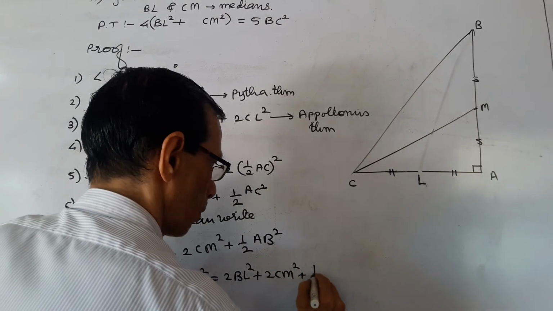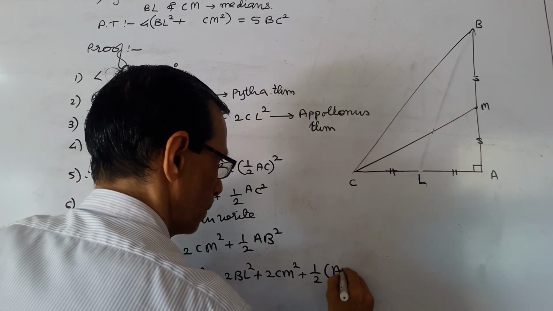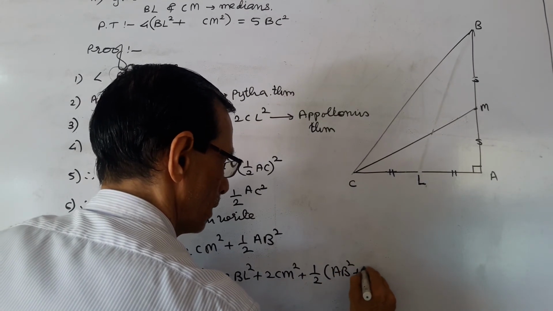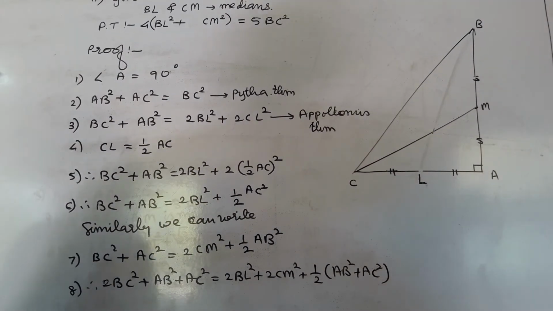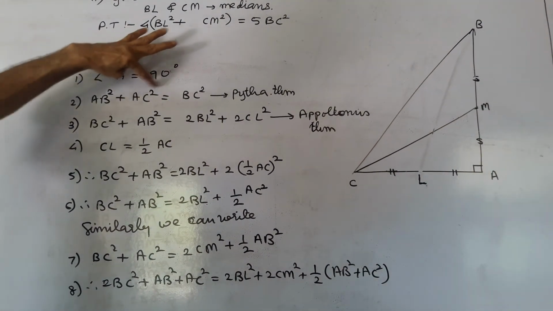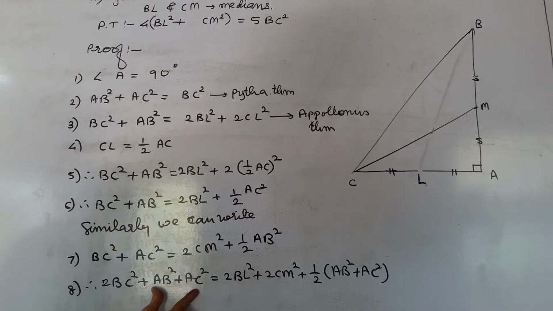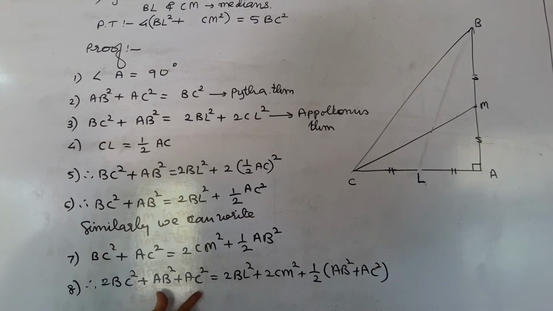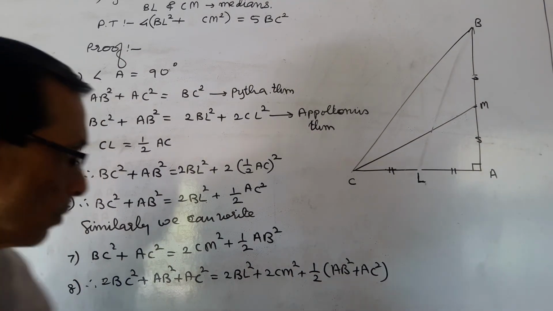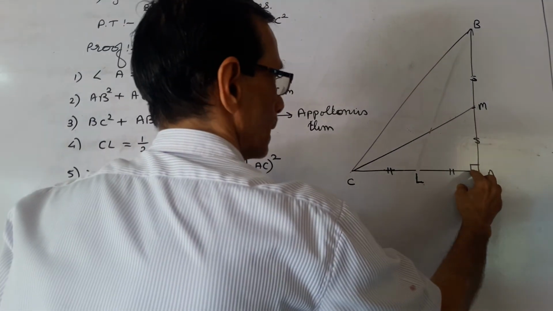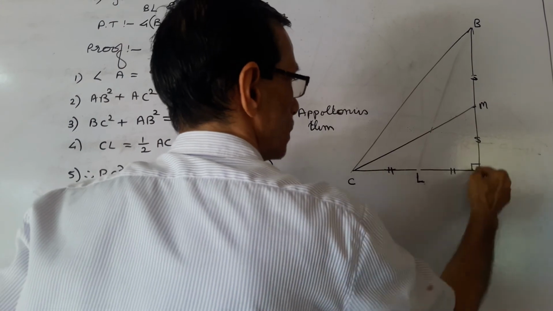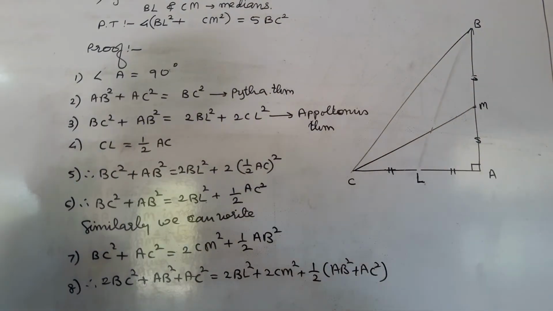So take half common, bracket AB square plus AC square. But we know that AB square plus AC square equal to BC square. So wherever there is AB square plus AC square, we write BC square, because we know that this is 90 degrees. Therefore AB square plus AC square equal to BC square.